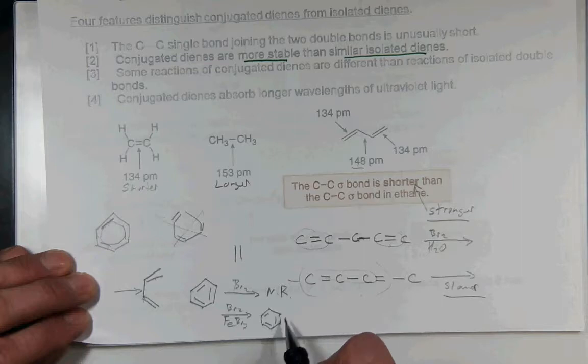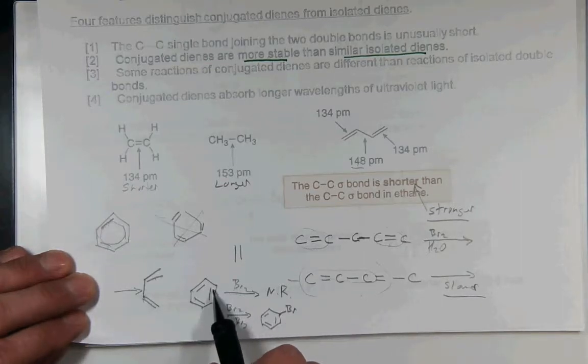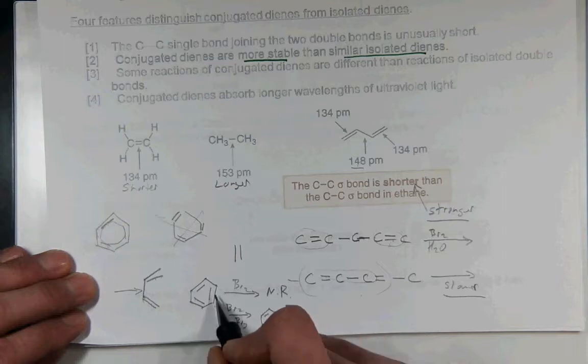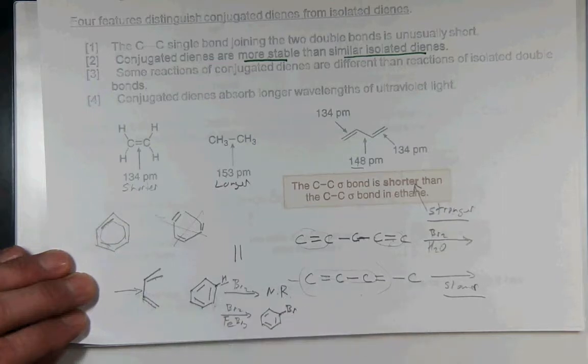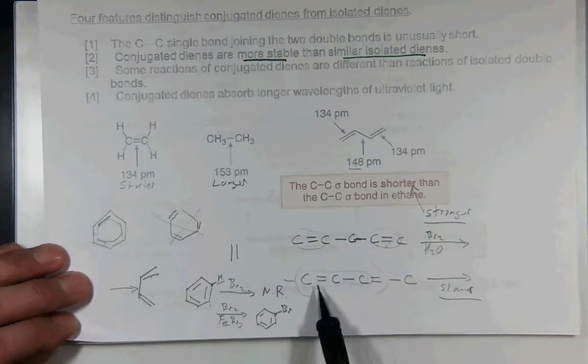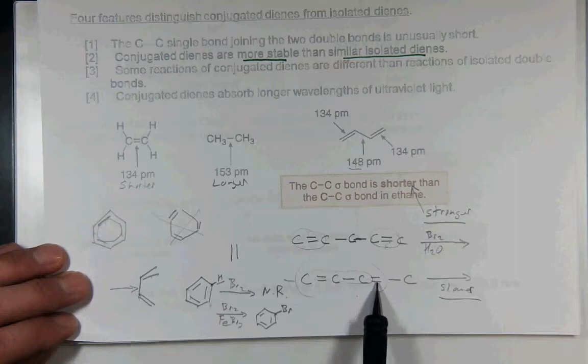The double bonds stay, and instead of adding across the double bond as you normally would in an isolated system, you substitute a bromine for a hydrogen. So it doesn't undergo addition reactions, it undergoes substitution. Similarly here, you would still get addition, but it would be slower than if it was isolated.